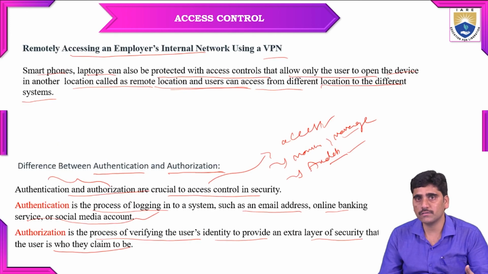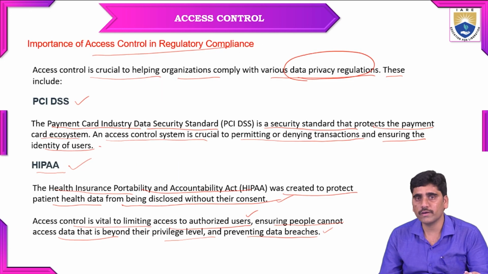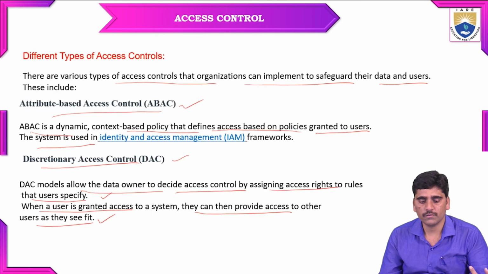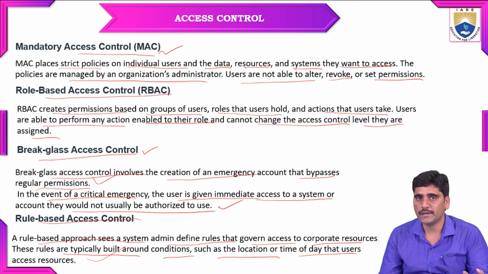And what is the difference between authentication and authorization? And what is the importance of access control in regulatory compliance? Different types of access control mechanisms: attribute based, discretionary access control, mandatory access control, role based, break glass, and rule based.